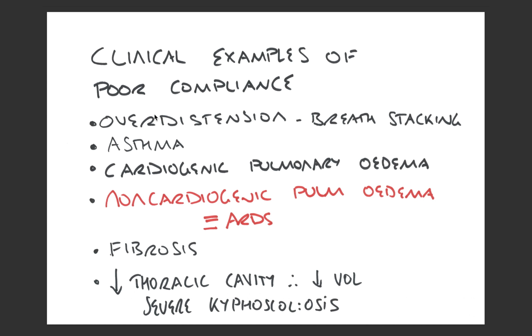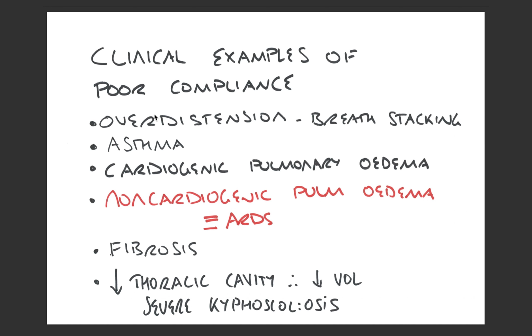Clinical examples we may use to describe poor compliance: over-distension, breath stacking on a ventilator, not allowing the patient to breathe out before the next breath is delivered. Similarly, a very similar process occurs in asthma. The patient can't breathe out, so the volumes increase. Cardiogenic pulmonary edema, the lungs are wet.